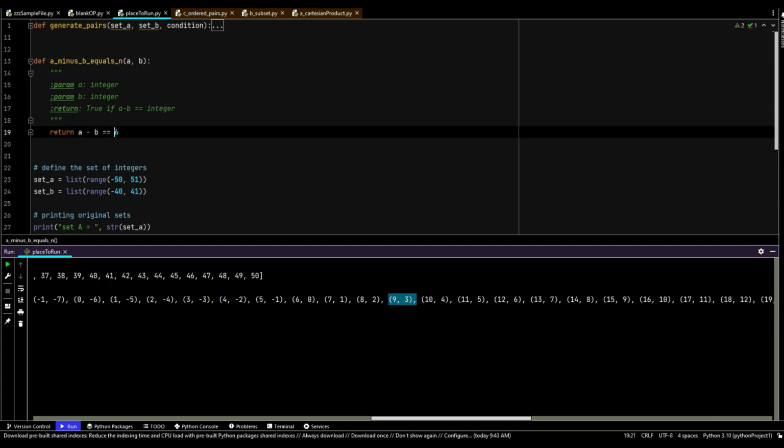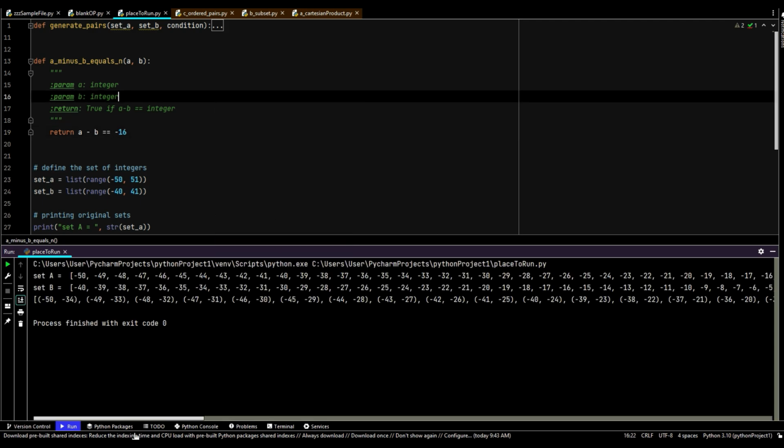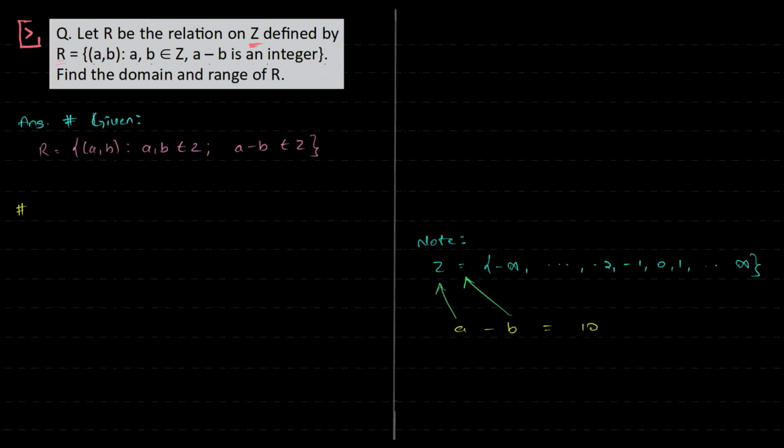I can have -16 also. So we have -50, -34, -49, -33. I can think of any number at the output. I have those sets of values, so possible combinations are present.